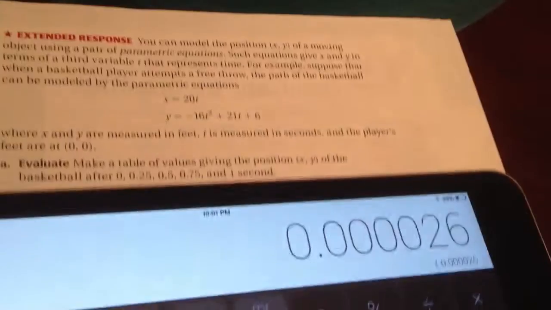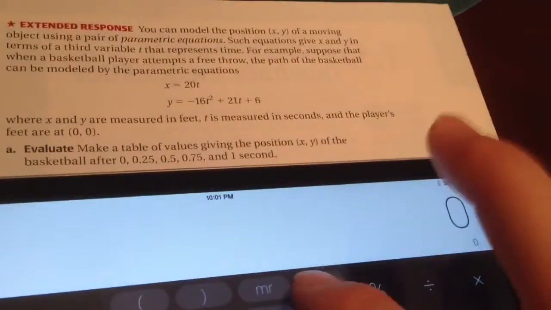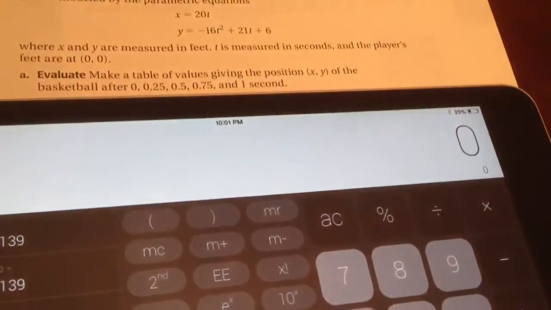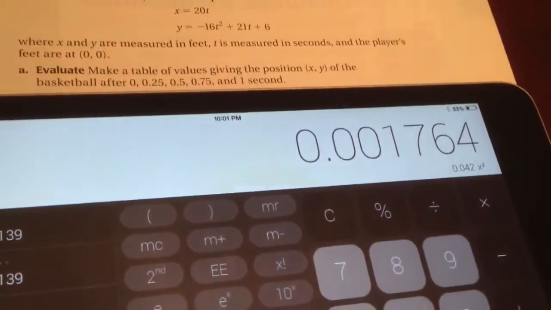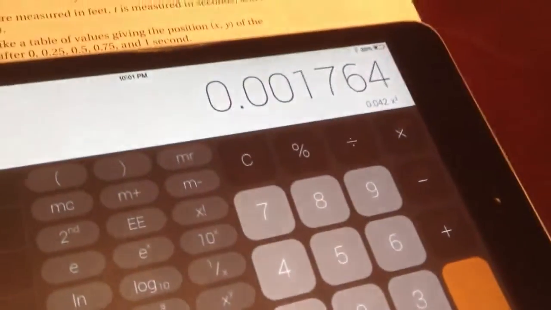Inside your square root, you're going to have your parentheses here, and you're going to have 0.042 squared. When you square that, you get that.